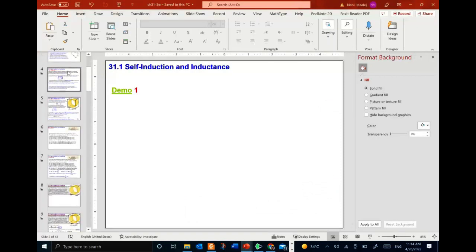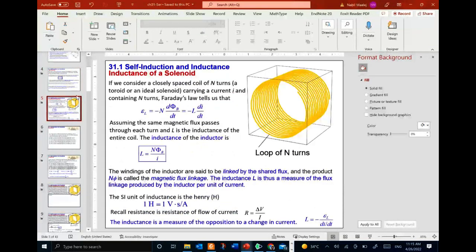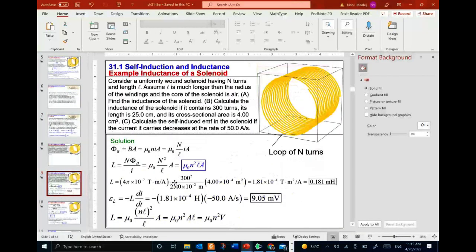Let me very quickly review. We said the induced EMF is minus L, the inductance, di/dt, and we determined that for a coil of N turns, the inductance L is equal to the flux linkage, which is the number of turns times the flux through a single turn, divided by the current. We were able to derive later on that this is equal to mu 0 n squared times the volume, where small n is the number of turns per unit length.